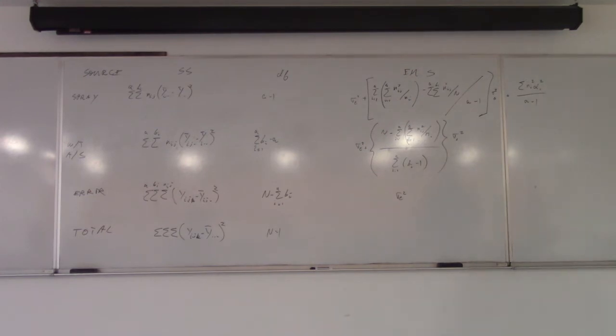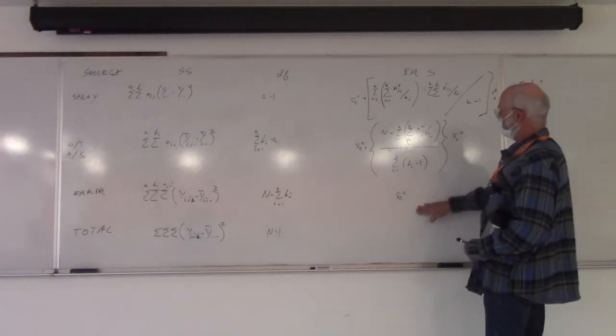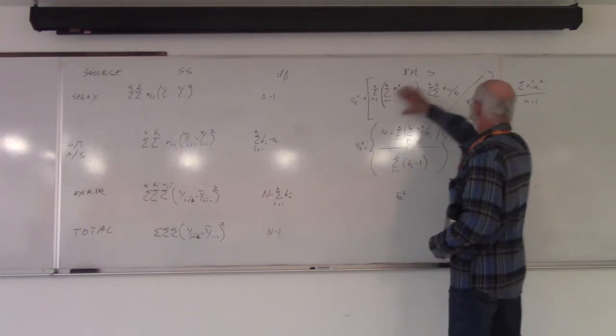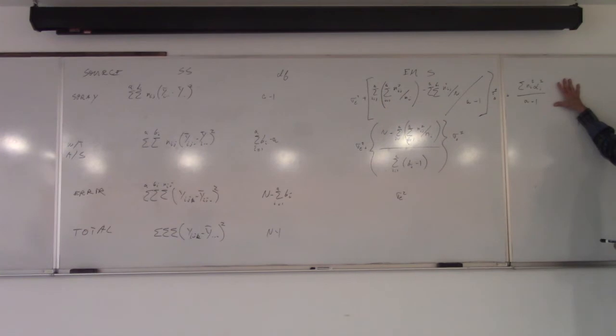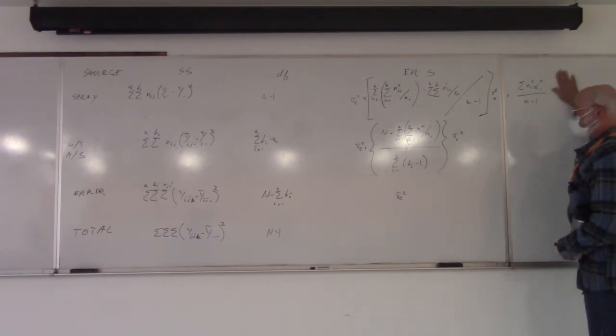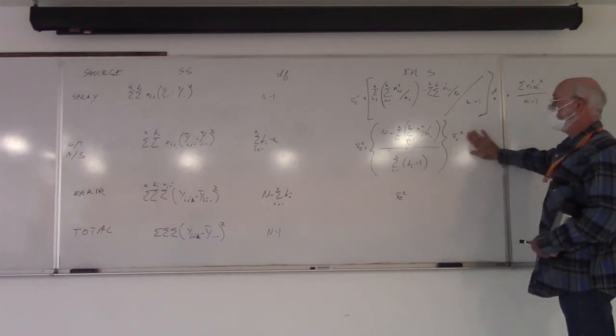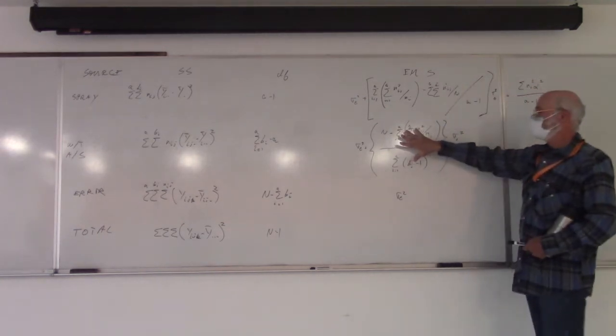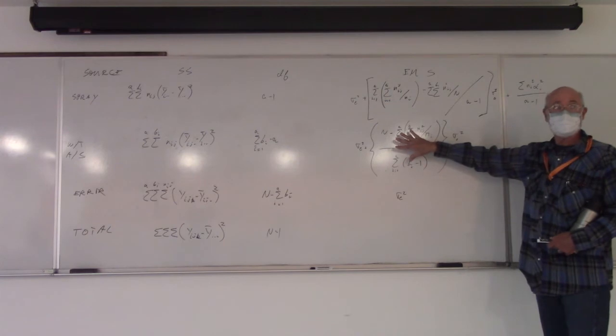Because if I divide this by that, all I get rid of is that, and I have this whole mess up here. If I divide this by this, I get something totally weird because this part doesn't look anything like this part right here. They're different.